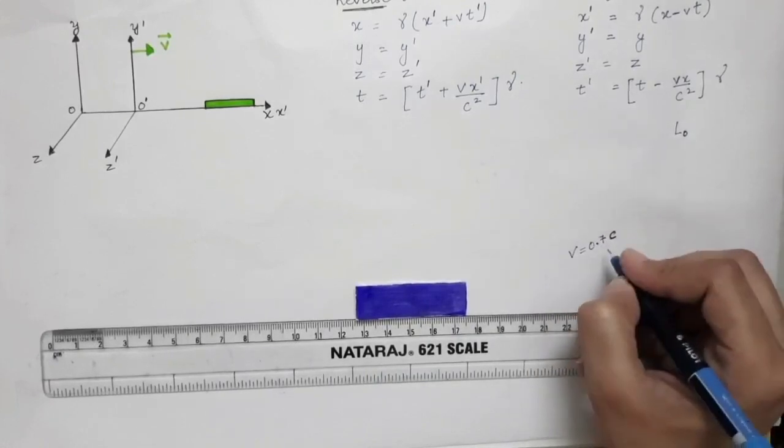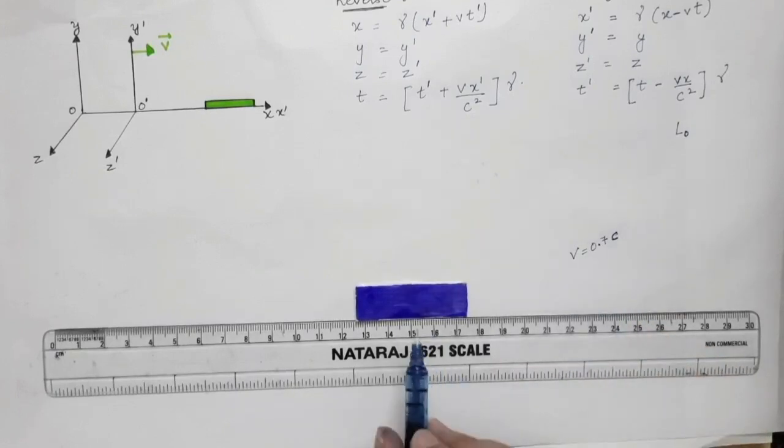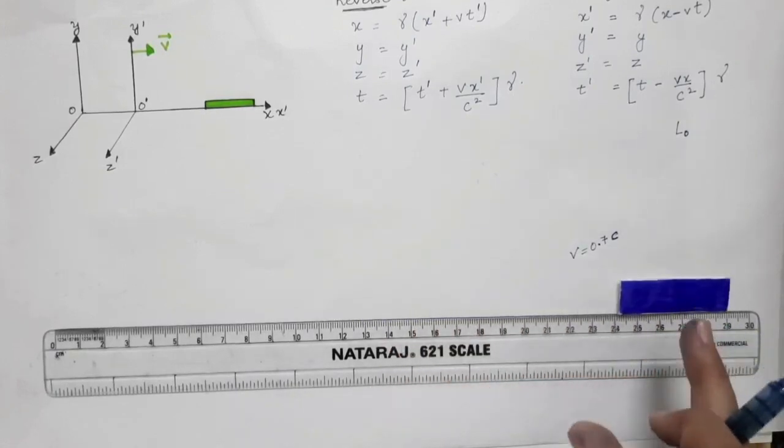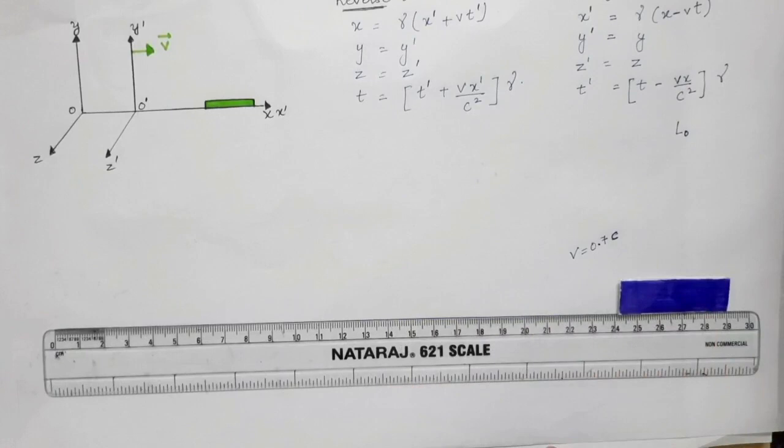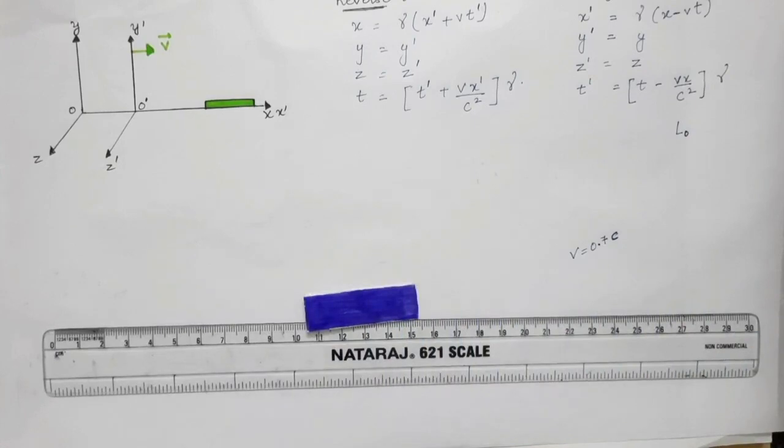When the object is moving with this velocity and you are observing it, its length will be contracted. It will be less than the proper length, less than 5 centimeters. So this is the concept of length contraction, and now we are going to derive the formula of length contraction, that is, by what factor the length decreases.